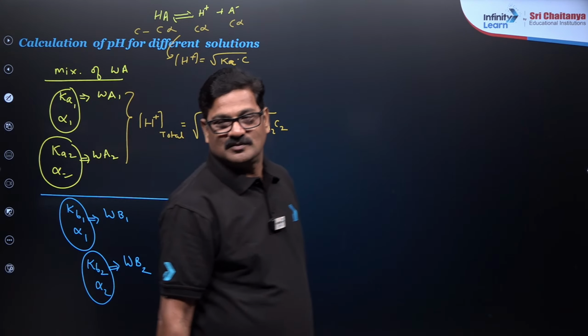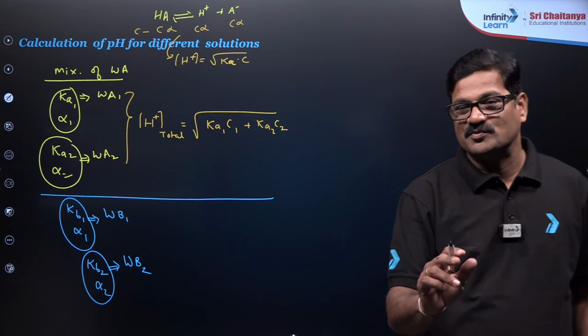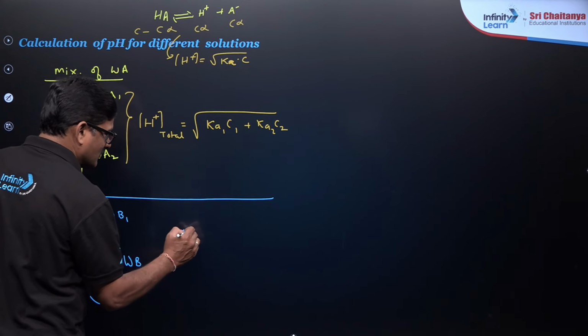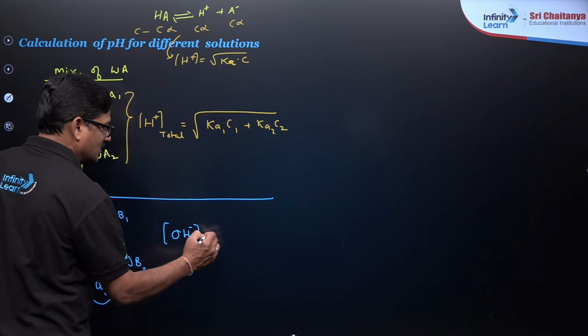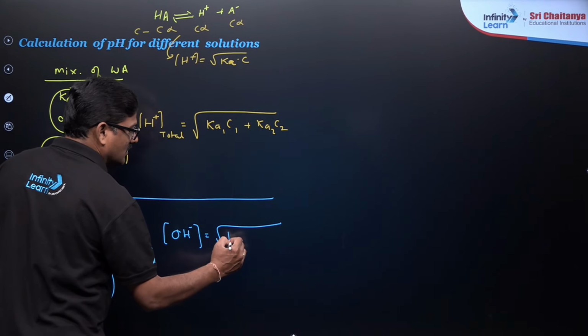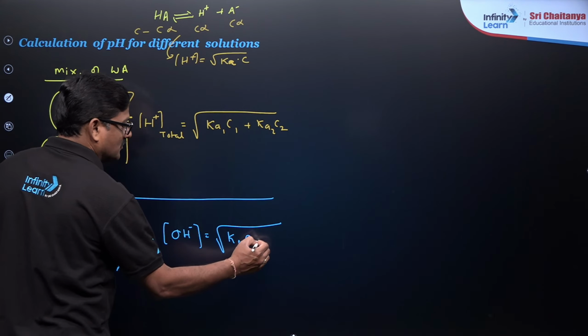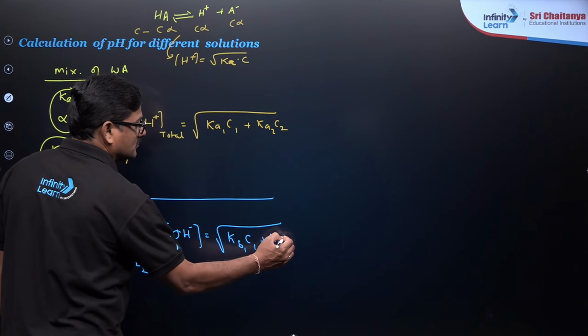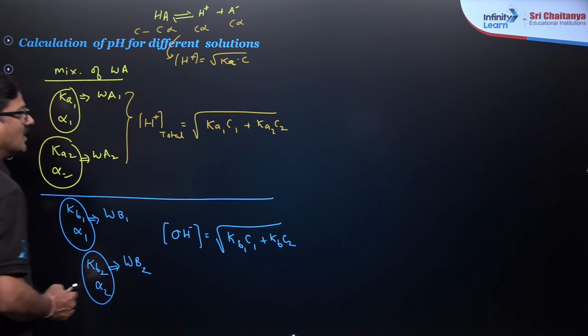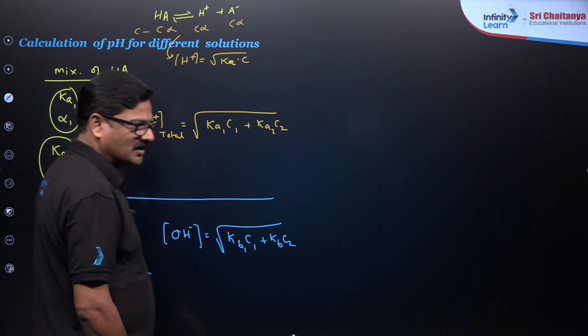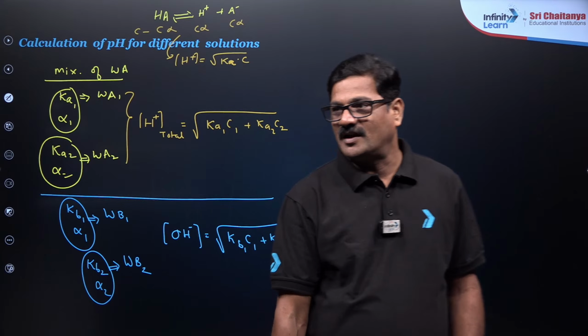Now when the bases are mixed, the OH minus ion concentration is going to be root over Kb1C1 plus Kb2C2. And you can take alpha into consideration. From there you can calculate pOH and then pH.